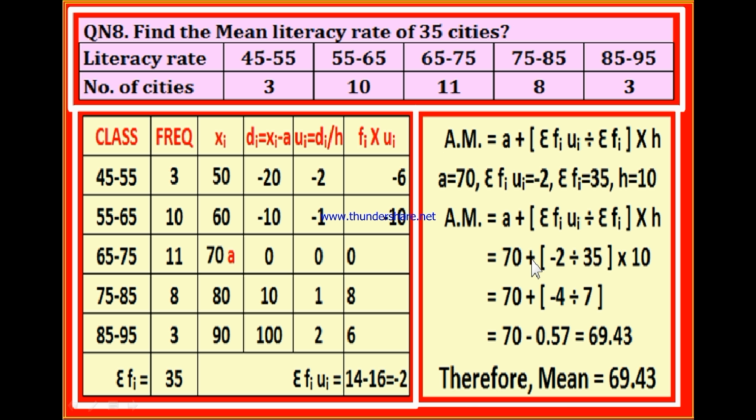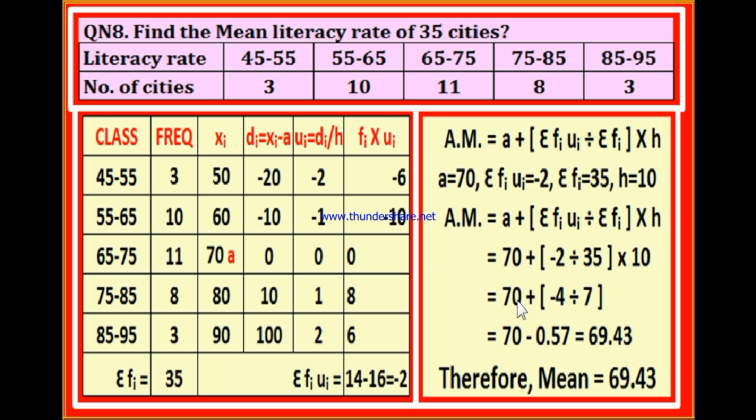A value 70 plus sigma fi ui is minus 2 divided by sigma fi is 35 into h is 10. This is 70 plus, if you observe, this is 35 and this is 10. 5 can divide 35 and also 5 can divide 10, isn't it? 5 in 10 2 times and 5 in 35 7 times. This 2 into minus 2 is minus 4, divided by 7.